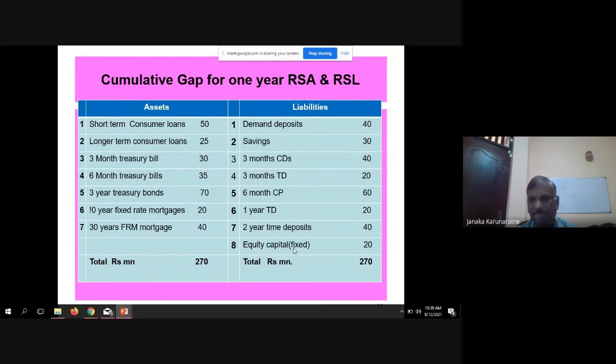RSA and RSL. RSA, please. Anybody got any answer?